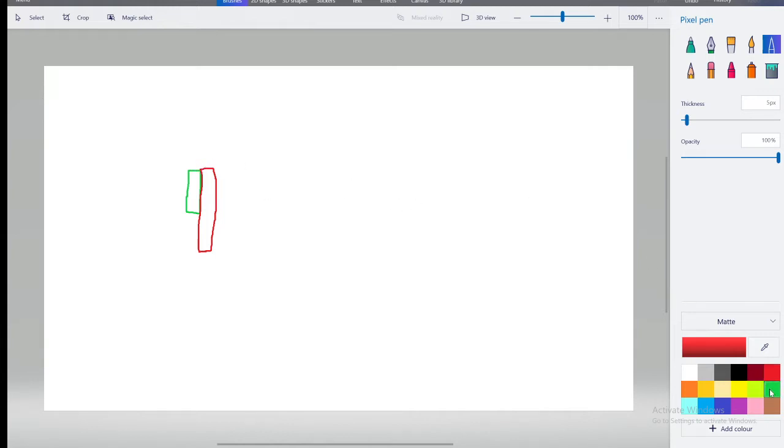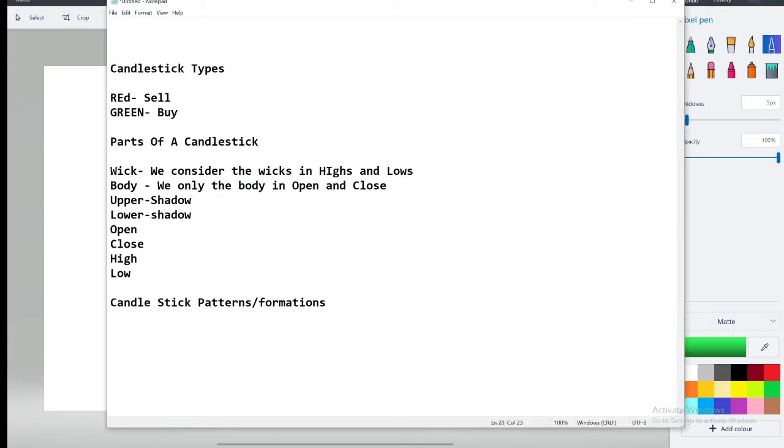As your engulfing pattern, we have the two types of engulfing. We have the bearish or bullish engulfing pattern.